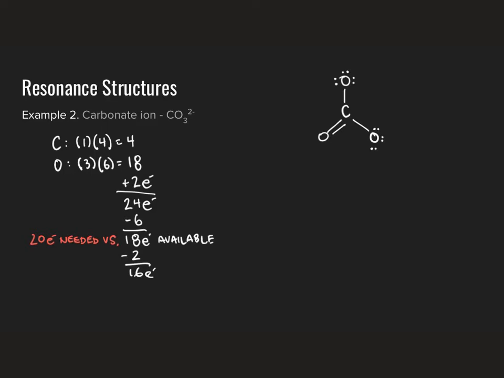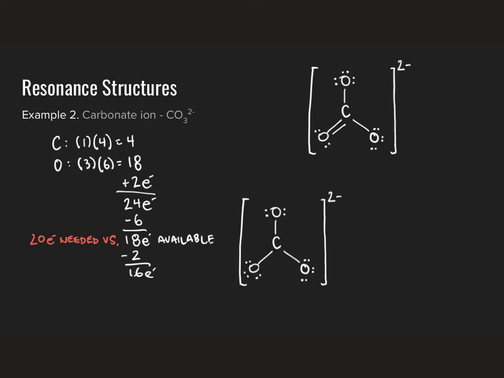But I recognize that I chose arbitrarily one of those 3 oxygens to get the double bond, which means I could equally well have put the double bond between the carbon and this oxygen instead, or just as valid, I could have put it between the carbon and the last oxygen as well. There's really no reason to prefer one over the other, which means we're in a situation yet again where we have formed a resonance structure here.